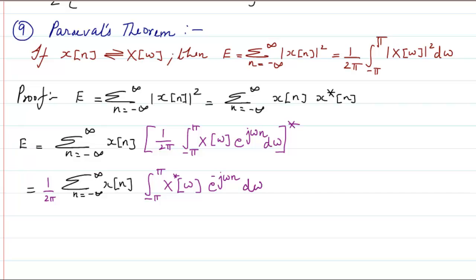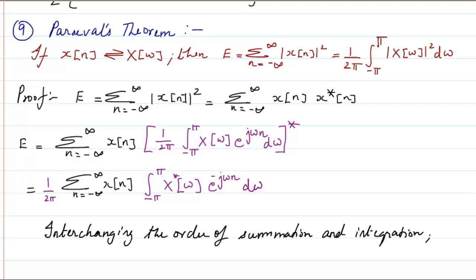Now I am going to interchange the order of summation and integration. So what I will basically do here is take the d omega terms outside. This x of omega integral from minus pi to plus pi I will take here, and within the summation I will have x of n e raised to power minus j omega n. Let me do that on a fresh page.